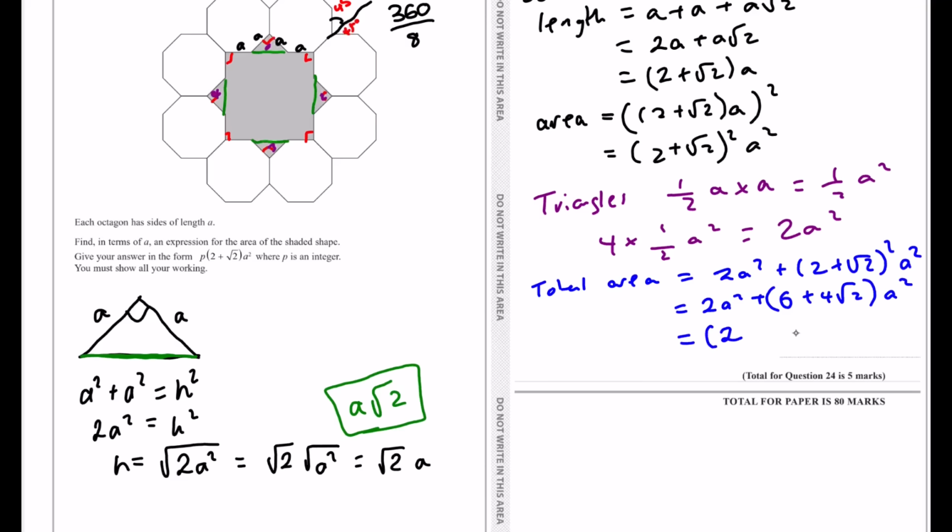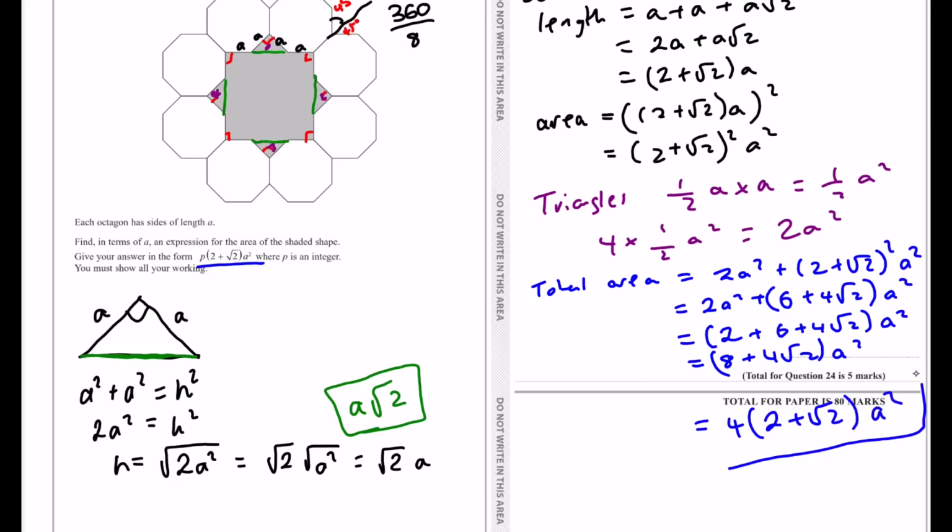So that will give me 2 plus 6 plus 4 root 2 a squared, which is 8 plus 4 root 2 a squared. I need to take out 4 and put it on the front as the p. So that's 4 times 2 plus root 2 a squared. And that is what we want.